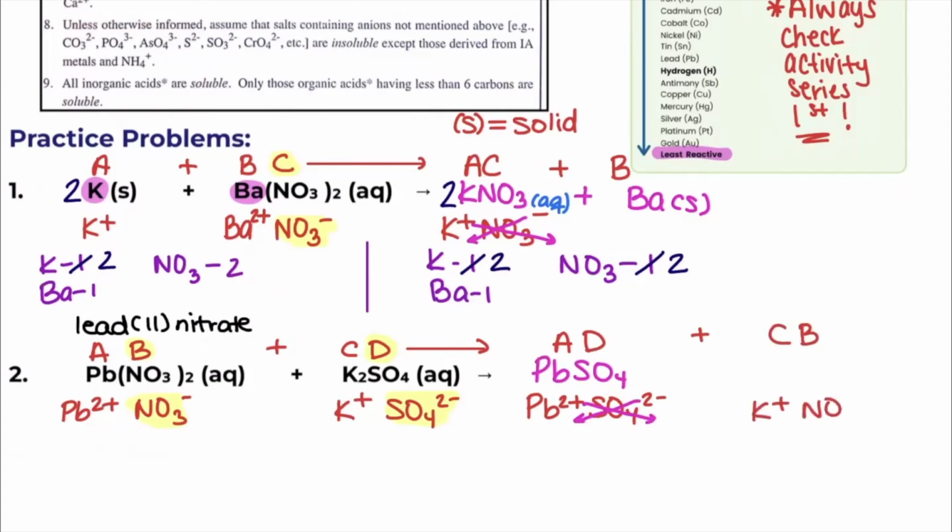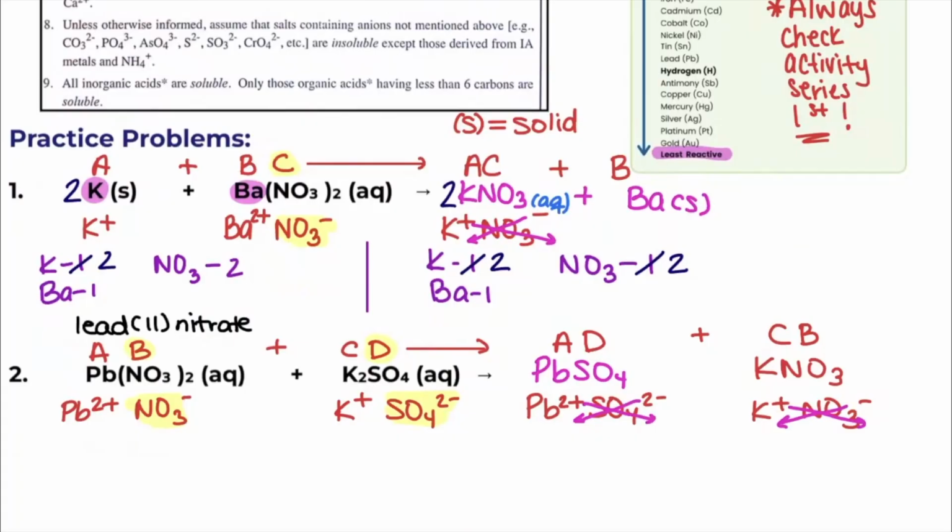So when we cross the +1 and the -1 charge, we end up getting KNO3. And remember, positive charge is always written first. So it's not that you write BC, like the NO3 before the K. No, no, no. You write the metal first. Write the K, the potassium, first, before the nitrate. So we get potassium nitrate.